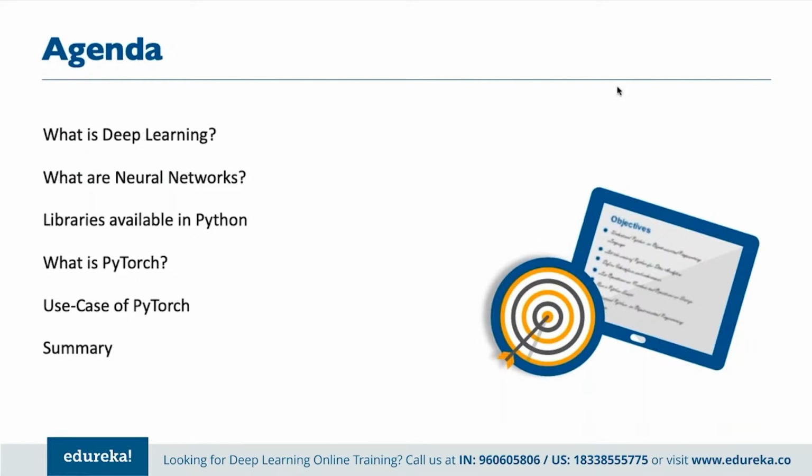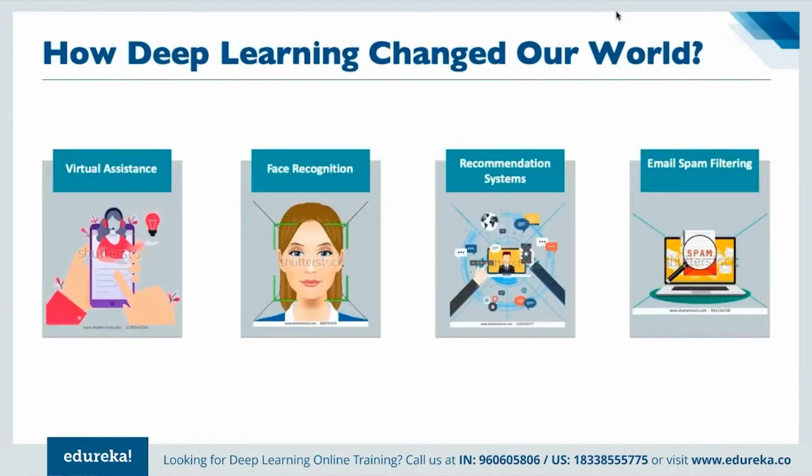So first of all, let's understand deep learning. How has deep learning exactly changed our world, right? For example, when we are talking with any virtual assistant that we can think of, like Alexa, Siri, Google Assistant, these have all been advanced by machine learning.